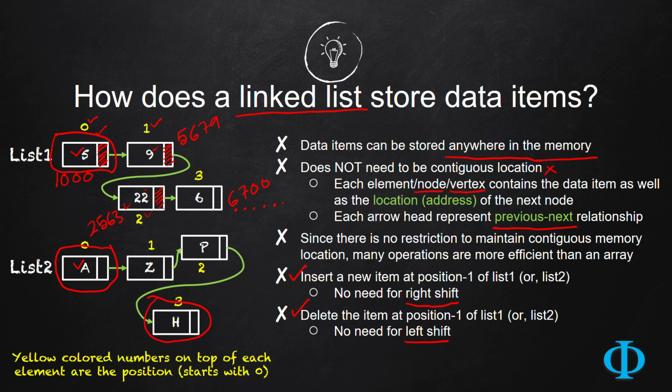But since the linked list does not have this contiguous memory restriction at all, you really do not need to do any right shift or left shift during insert and delete operations. And that is why the linked list works significantly more efficiently than an array for these two operations.